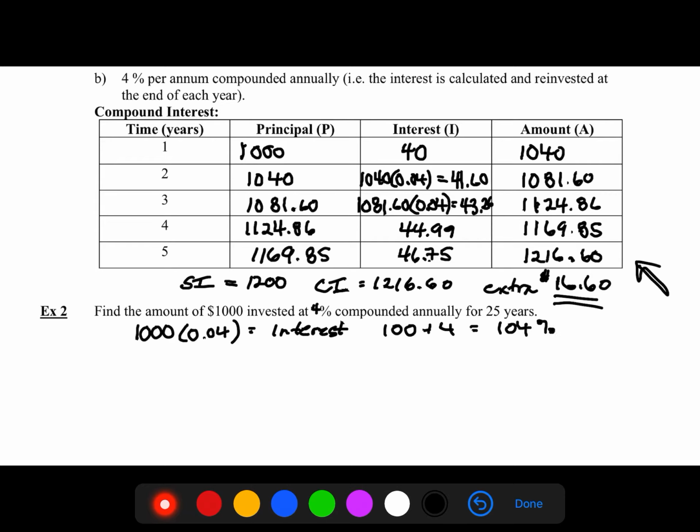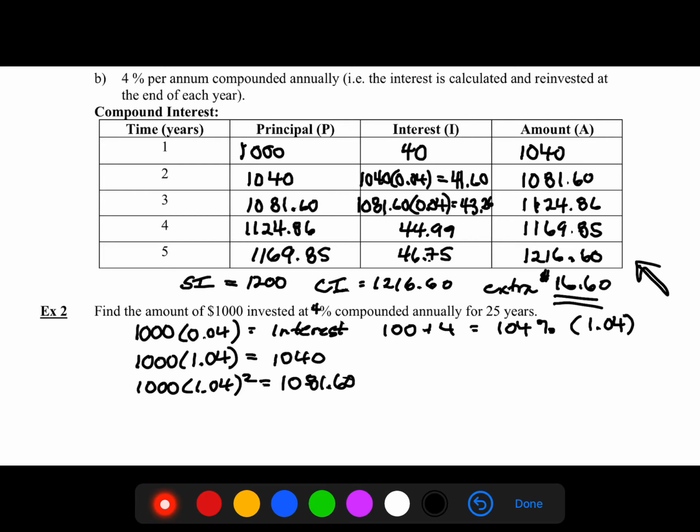Well, if we wanted to go straight to our amount, we could take our 100% that we started with plus the extra 4, which means that we have 104% of what we started with, which is 1.04. Well, that means that we could take our 1,000 times 1.04 to go straight to our $1,040. To go straight to our second step, we multiplied by 1.04 twice.